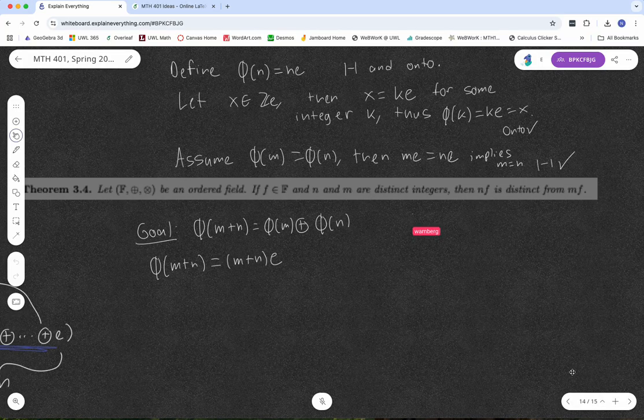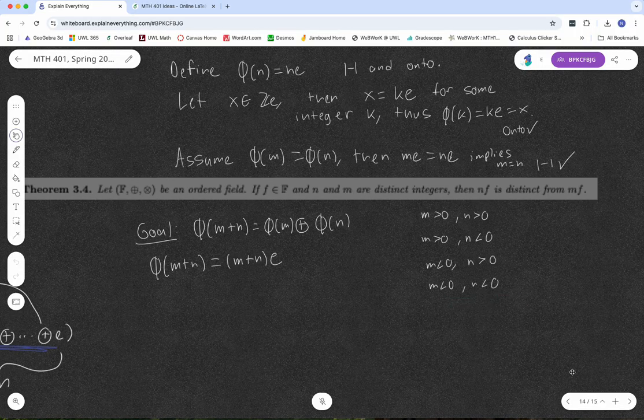So what are the cases? m greater than 0, n greater than 0; m greater than 0, n less than 0; m less than 0, n greater than 0; and then both less than 0.